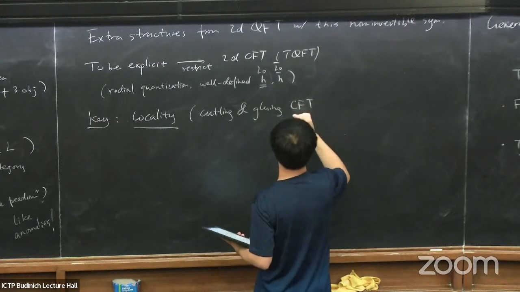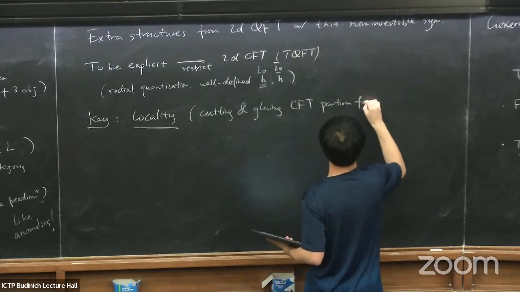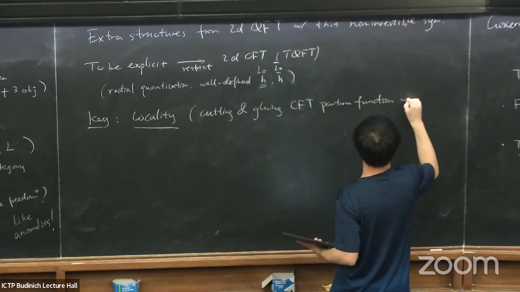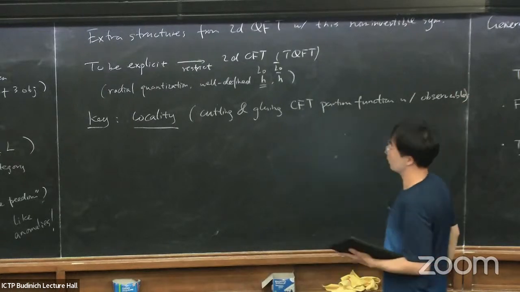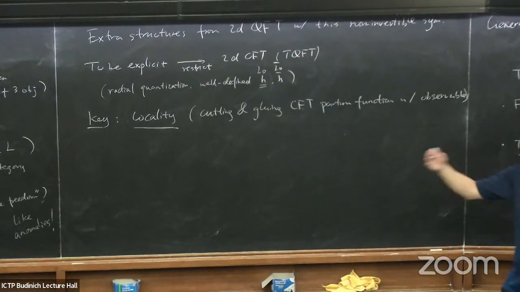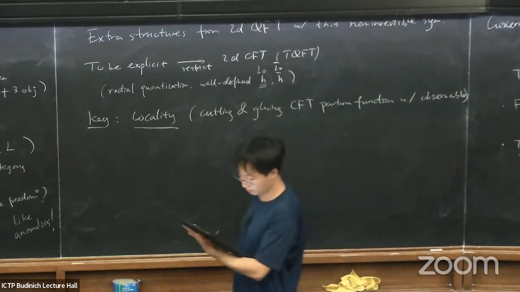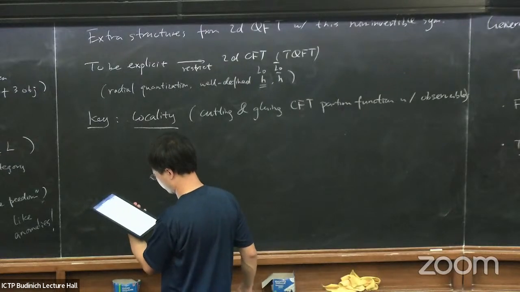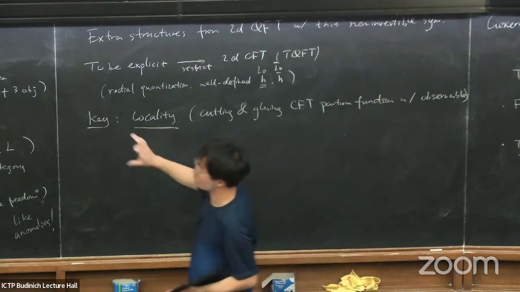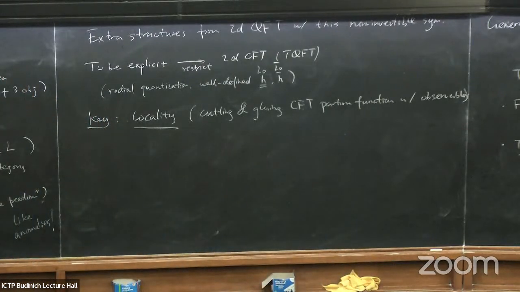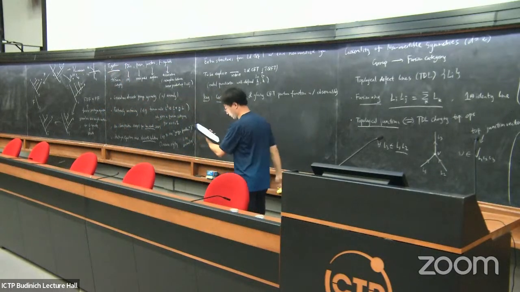You can cut your observable, a CFT or quantum field theory path integral with observables, in different ways and glue them back together. It will lead to the same results. That's one way to phrase the notion of locality. And as you'll see, this locality will lead to this fusion category structure, starting from the basic objects, the topological defects. All the others will just follow.